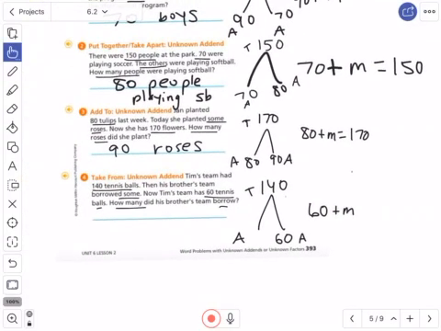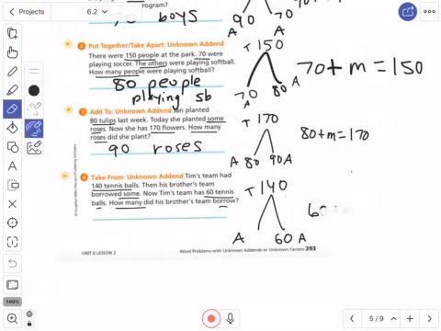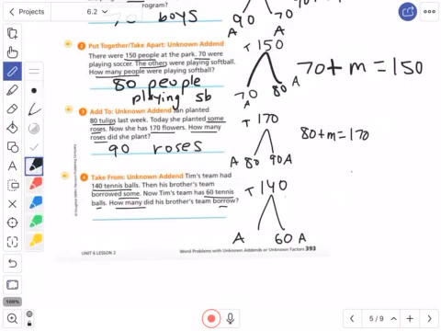You know what I can even do for this one? I had you draw a plus one, and I'm guessing some of you even did subtraction problems, and that actually makes more sense for this one for me. I'm going to do 140. His team had 140. His brother's team borrowed some, and now he has 60 left. Well, I know that 14 minus 6 is 8, so that's going to be 80.